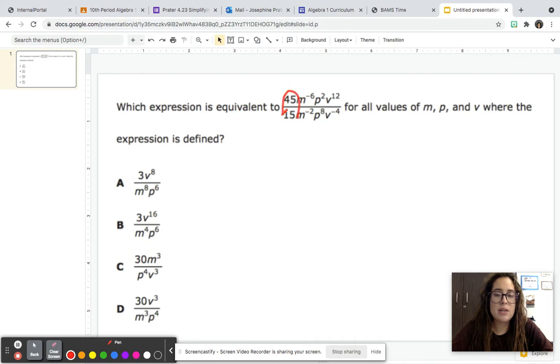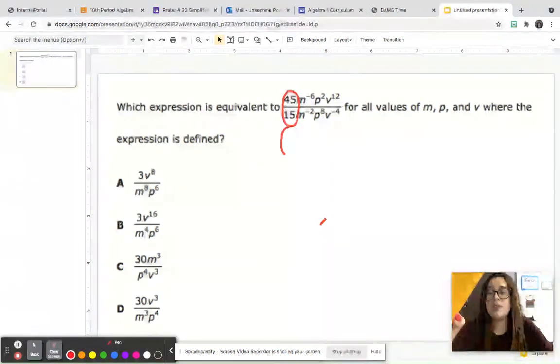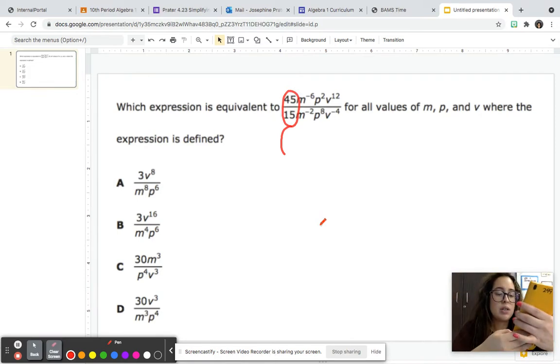I'm going to take my fractional part with my numbers and think, how do I simplify this? I could always use my calculator, which I think is the best way to go because you don't have to put too much thought into it.